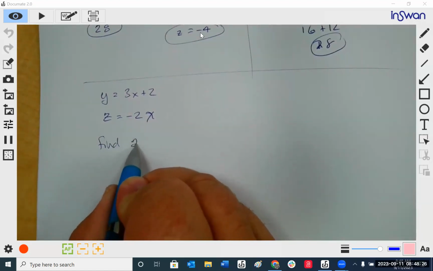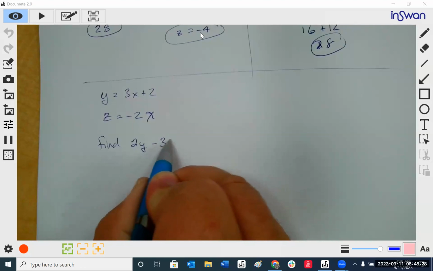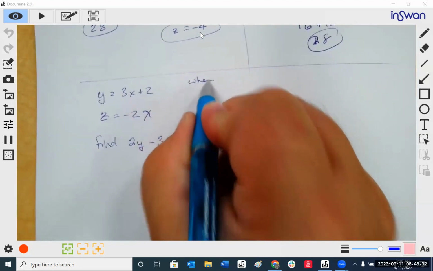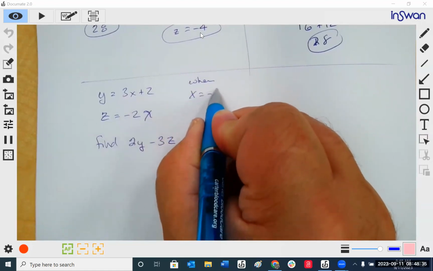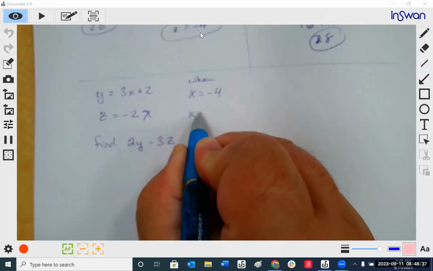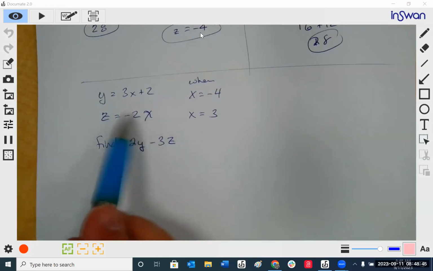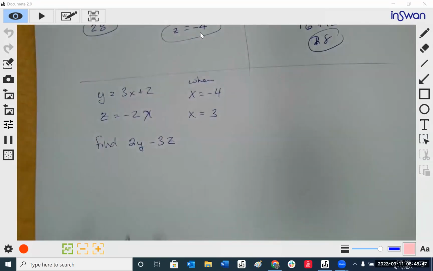Find 2y minus 3z when x equals -4 for the first equation and x equals 3 for this equation. This is where it gets complicated. I can have different values of x for each function.